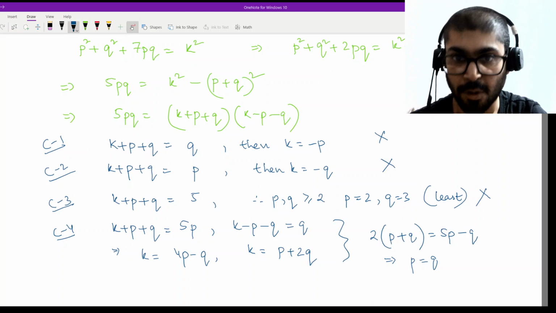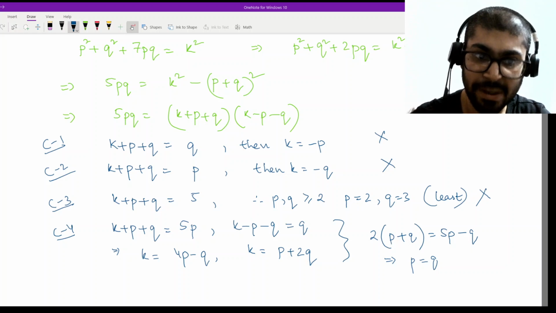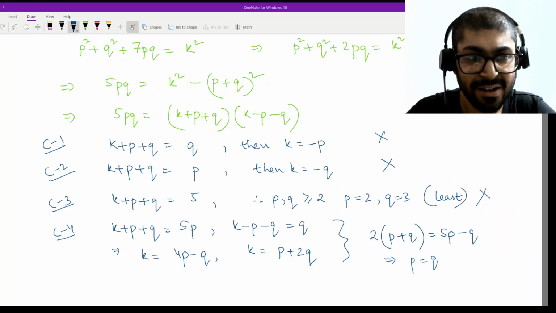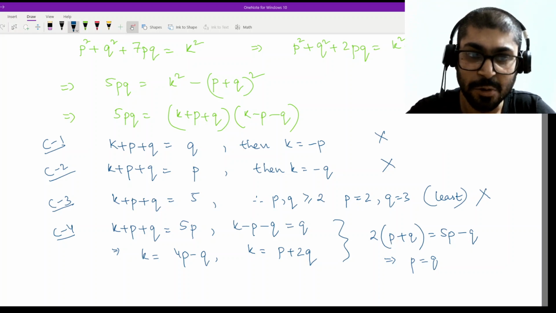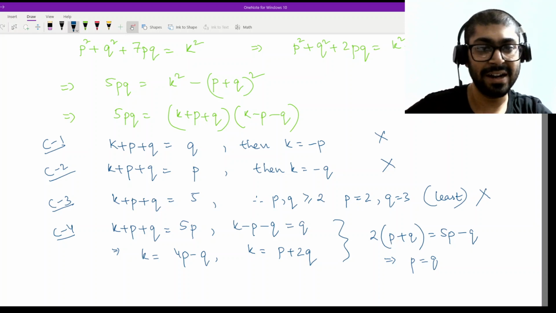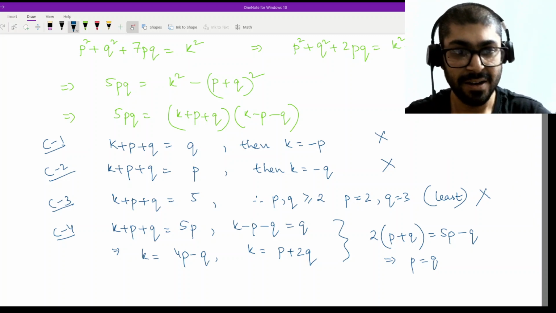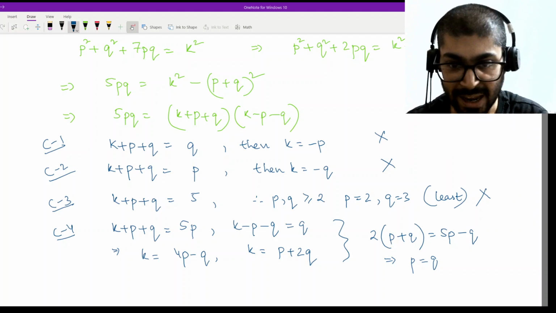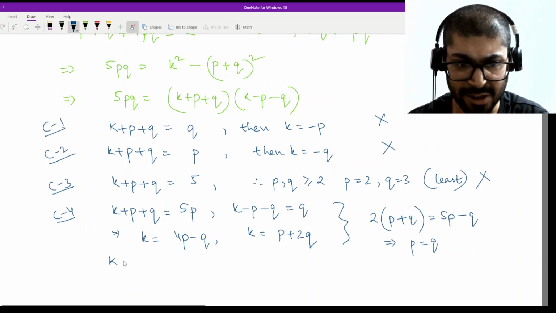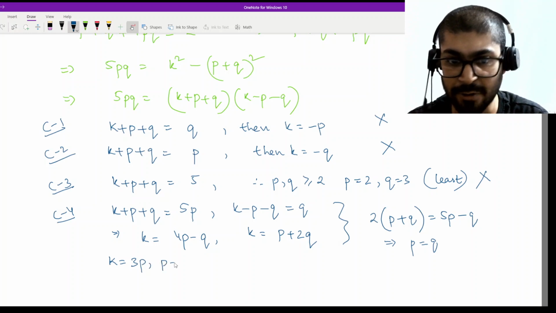So once we have that, here we have p equal to q, and then k plus p plus q equal to 5p. So what is the solution that we are getting from here? If I have another constant, k will be equal to thrice of p and p equal to q.